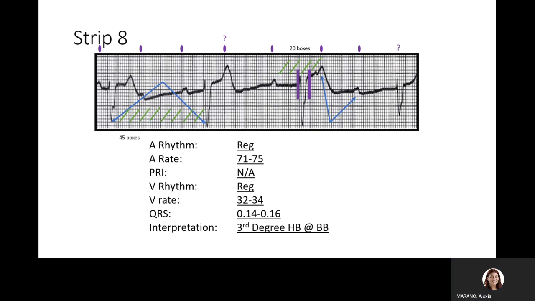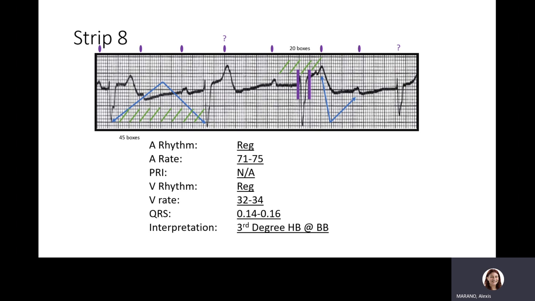Ventricular rate will be 32 to 34. QRS will be 0.14 to 0.16. Our interpretation is third-degree heart block at the bundle branch level.